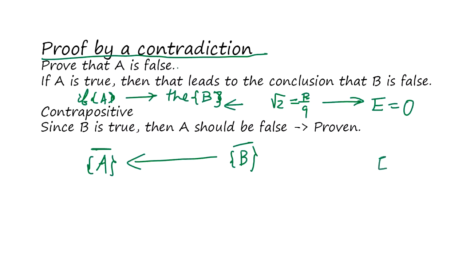Since even number and odd number are not the same, we deny the claim that square root of 2 is a rational number. Okay, but this could be a sufficient condition for saying this.